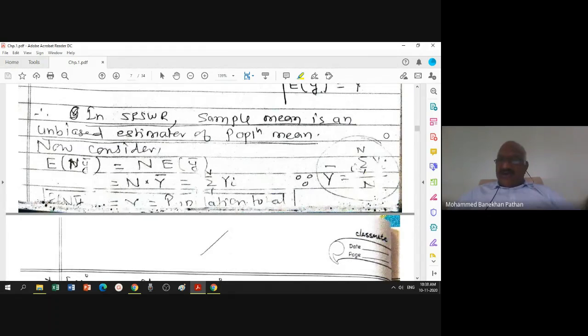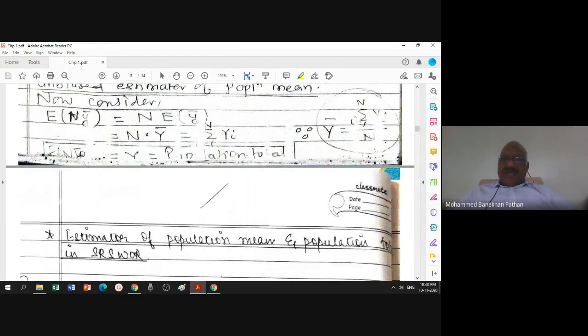By the formula, Y bar is the total of population elements divided by N. If I take this to the left, it gives the total. So N times Y bar is nothing but the total of the population. Therefore, this statement says that N into the sample mean gives an estimate of the population total.